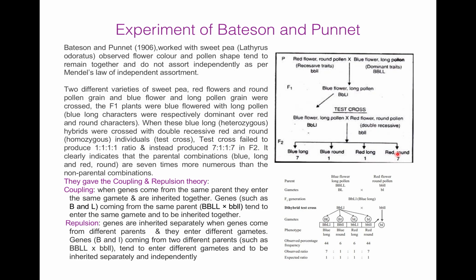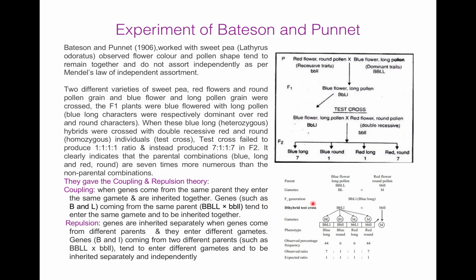Instead, it produced a 7:1:1:7 ratio. What does it indicate? It clearly indicates that the parental combinations, that is blue long and red round, are 7 times more numerous than the non-parental combinations. This and this are parental, and this is non-parental. By this experiment, they gave the coupling and repulsion theory.